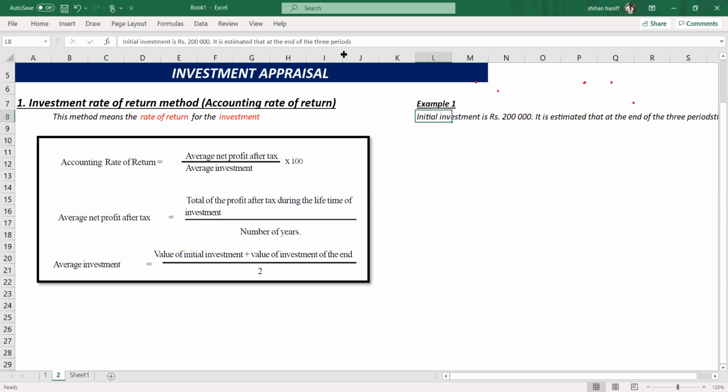Sometimes you will get only the opening balance. Then what you have to do is divide it by 2.